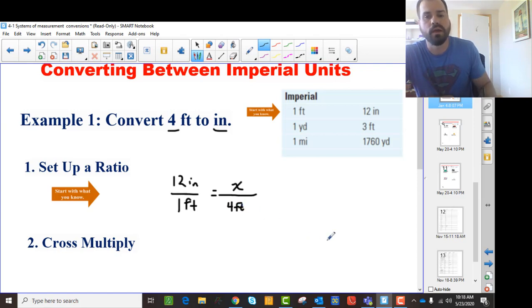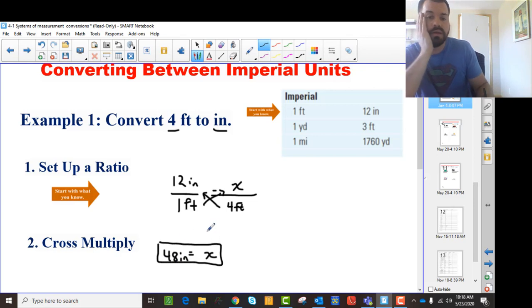Then all we do is multiply up. So 12 times 4 is equal to X. So there's 48 inches in 4 feet.